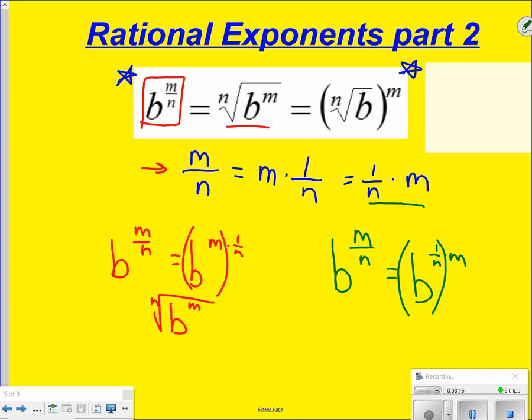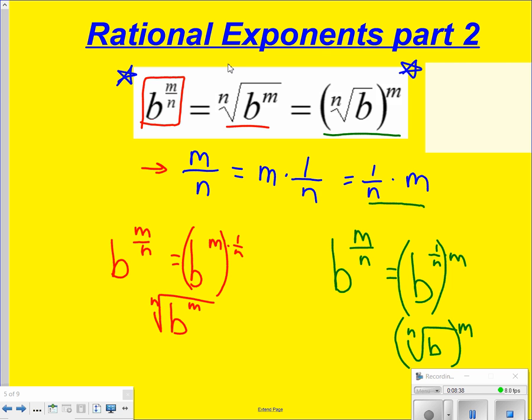B to the 1 over nth power. We already said, we rewrote that as the nth root of b. That's our rule, right? But then don't forget, you're raising that whole thing to the m power. And look at that, we're right back at that rule. So 2 quick proofs of it.